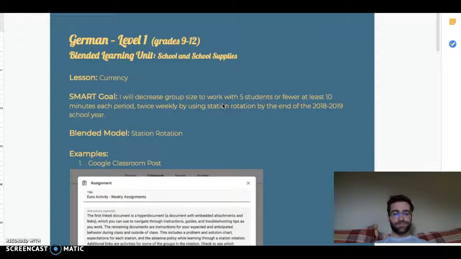So this school year. The blended model obviously is station rotation, and I have some pictures of my classroom that I posted in my blog post this week as well. So you can check that out if you're interested.